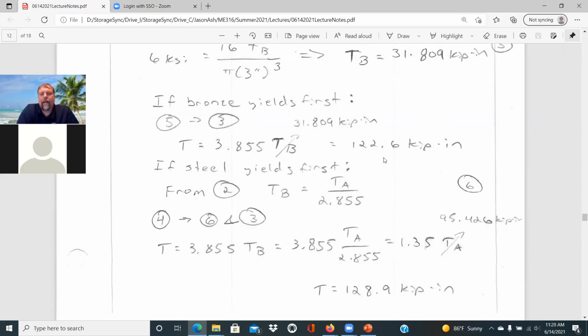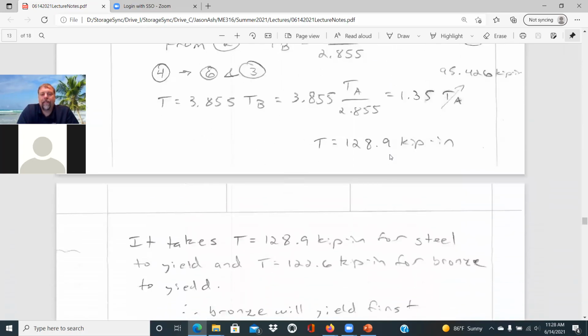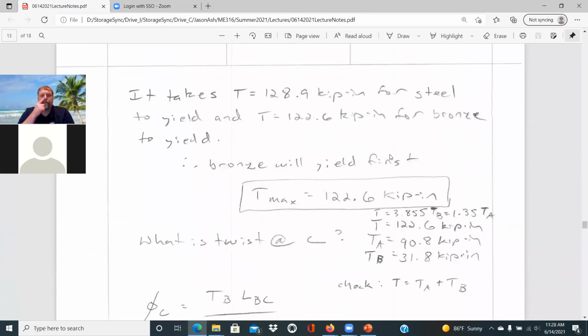So we find that 122.6 kip inch is that maximum torque value that can be applied. And I summarize that there. It takes a torque of 128.9 kip inch for the steel to yield and 122.6 kip inch for the bronze to yield. So that tells you the bronze will yield first, and that the maximum torque is 122.6 kip inch.